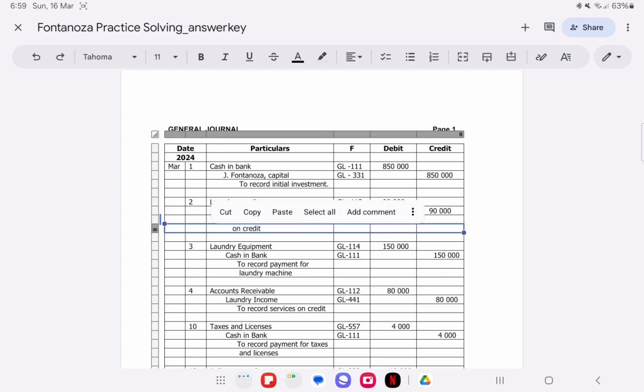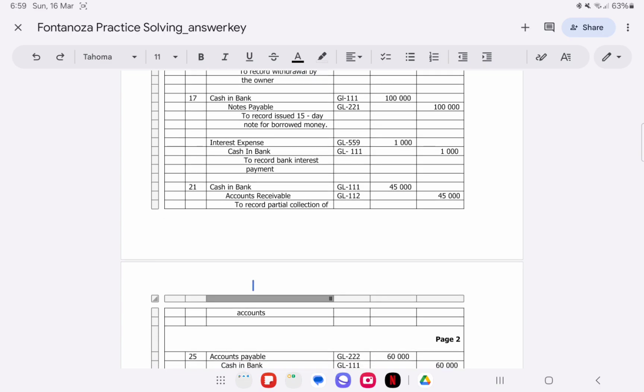Okay? And in transaction 4, you received the oral promise to pay of your customer. So, you need to credit that here for you to deduct the obligation of your customer. So let's remember the normal balance of accounts receivable is under assets, that's debit, okay?